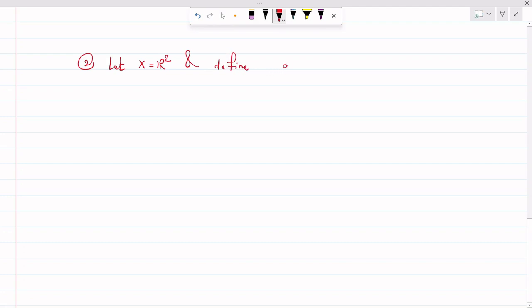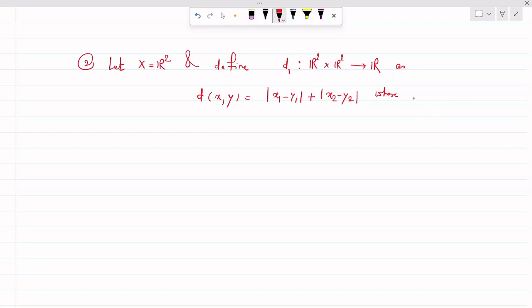Define d1. Let's change the symbol so that we can identify this metric later. So d1 from R2 cross R2 to R as d of x comma y is equal to mod of x1 minus y1 plus mod of x2 minus y2, where since we are taking x and y both from R2, they must be ordered pairs.